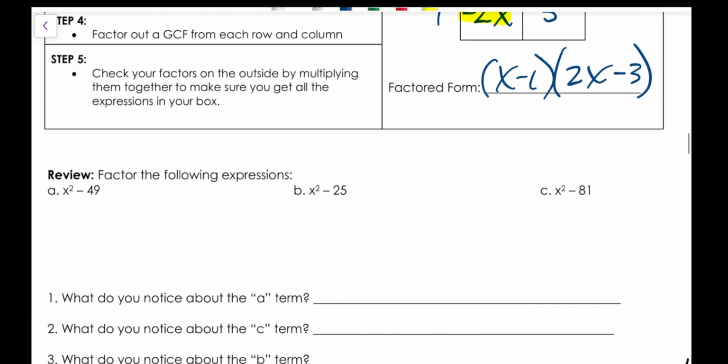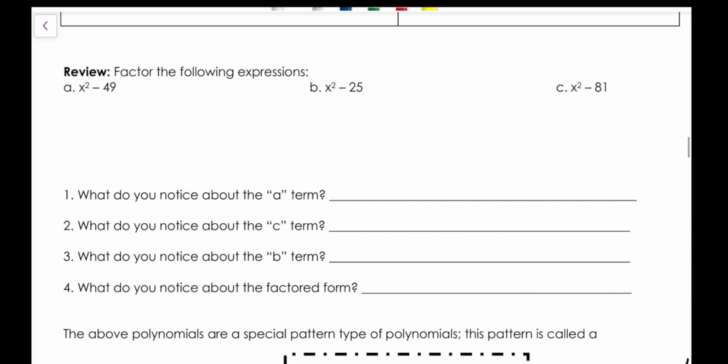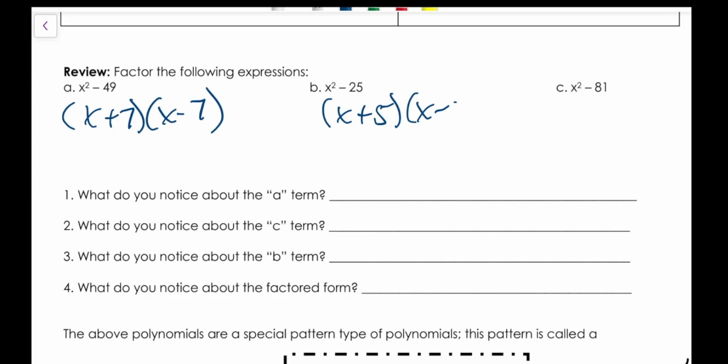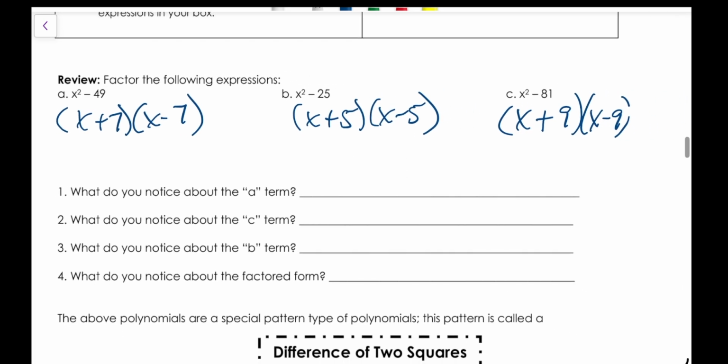Let's keep going on here. These are special products. If we factor these, we're going to get x plus 7, x minus 7, x plus 5, x minus 5. How do I do this so quickly? Well, there's a pattern. X plus 9, x minus 9. And the pattern is that the A term is a perfect square.